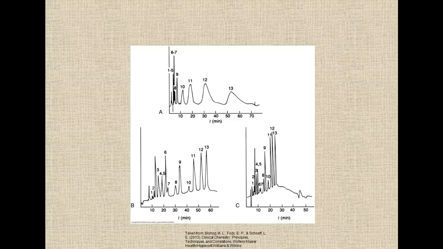Here's an example of what a readout might look like as it comes out of the mass spectrometer and gas chromatograph. They'll see a peak for each thing that would be present. So over time, the things that come out fastest are probably going to be the most volatile, and things that come out the slowest are less volatile. And that concludes our section on analytic techniques.